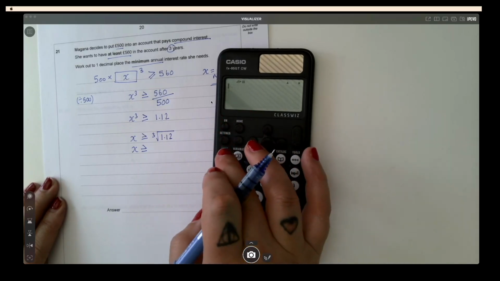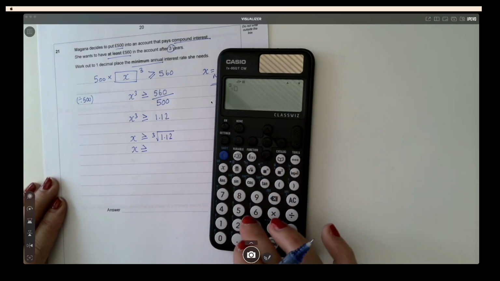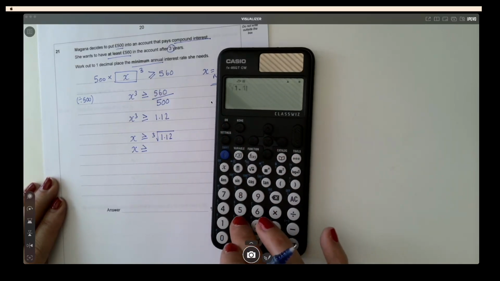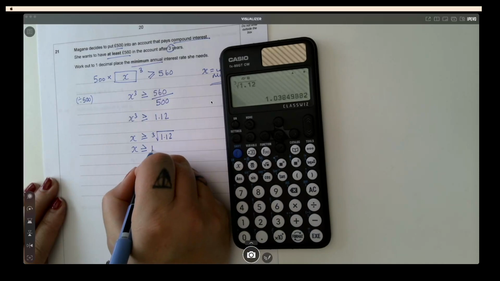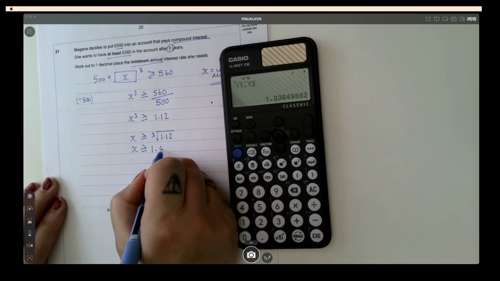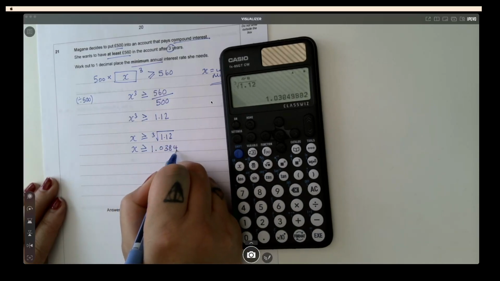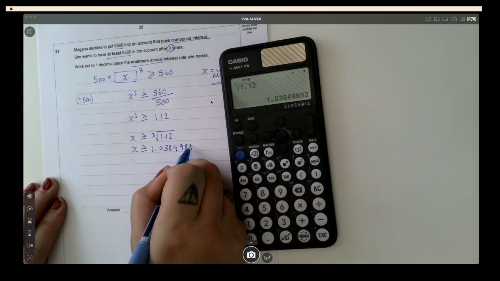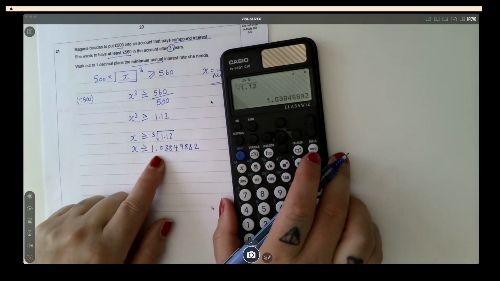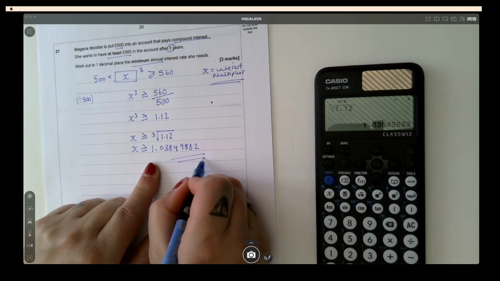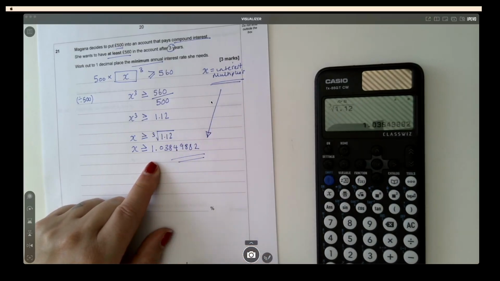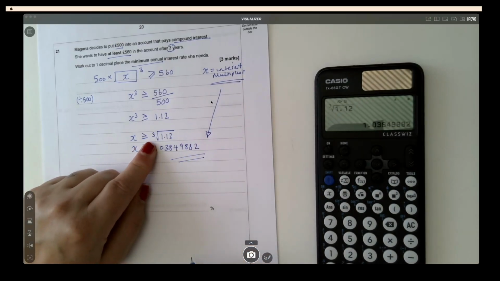Oh, wrong button. Which is 1.03849882. Remember, this is the multiplier, so the one part isn't included in the percentage interest.